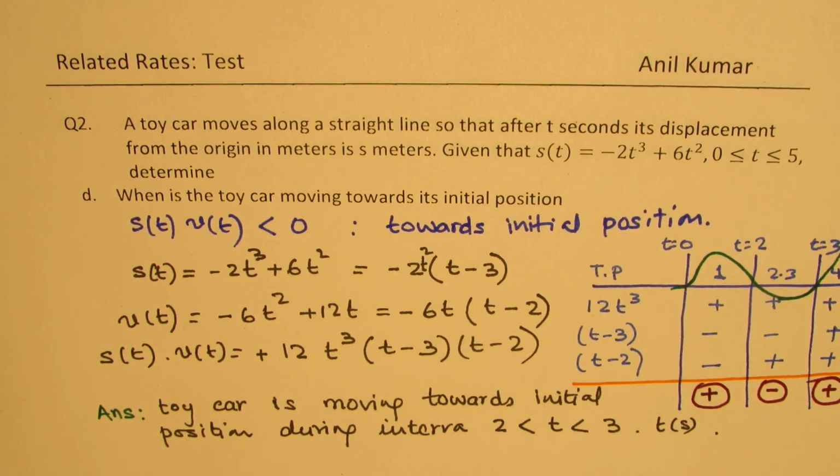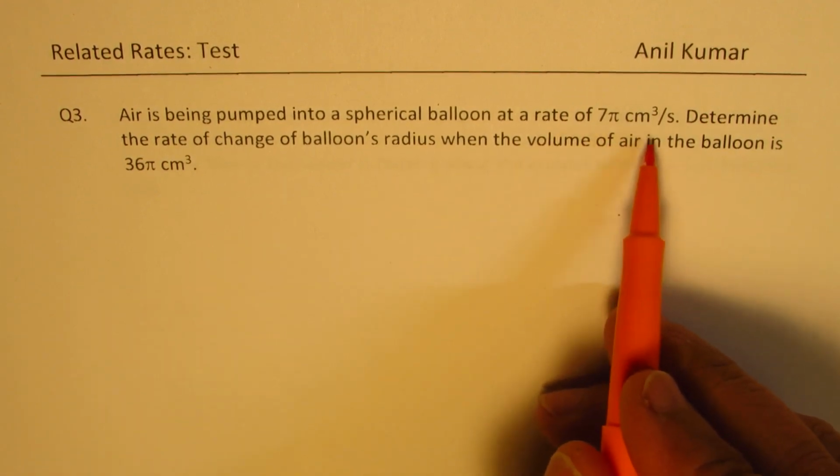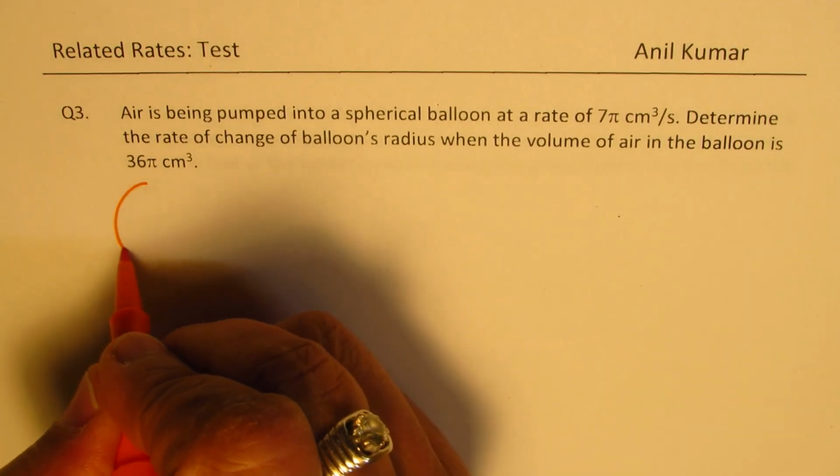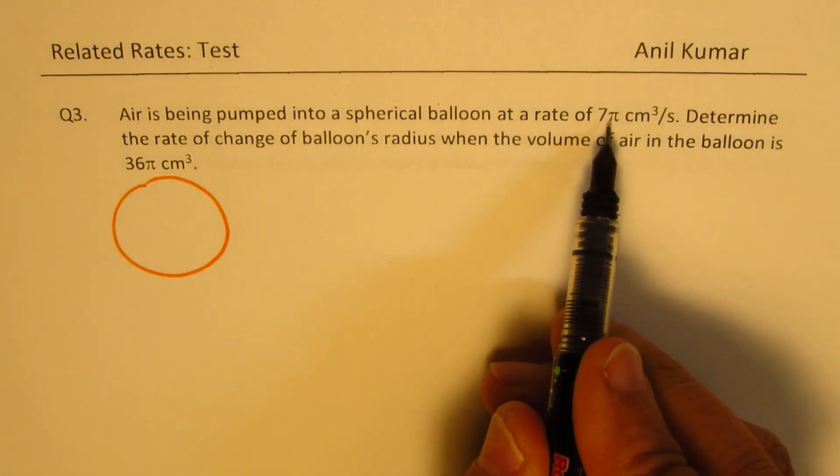So that is how this question can be answered. So I hope the concept is absolutely clear. Right? Question number 3. Air is being pumped into a spherical balloon at the rate of 7 pi centimeter cube per second, right? So let's say that is our spherical balloon, and air is being pumped at a rate of this. That means change in volume, right?